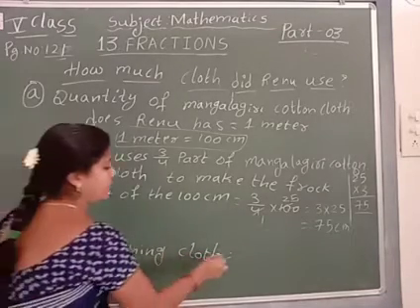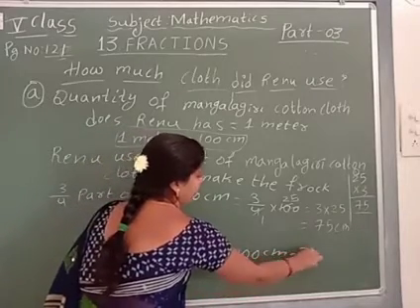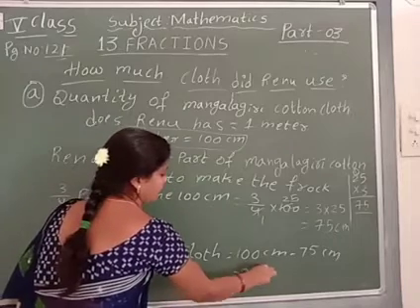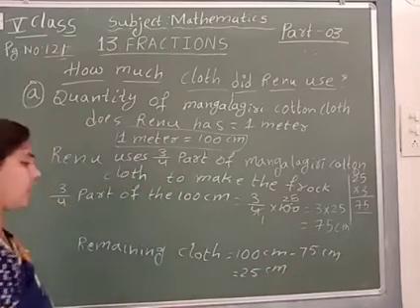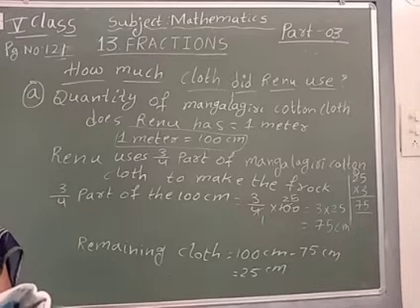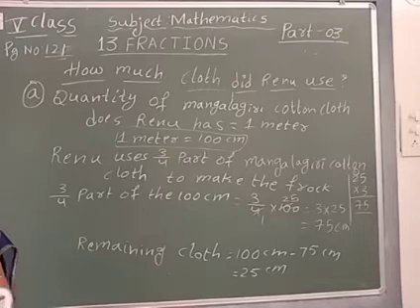So 100 centimeters minus 75 centimeters. 100 minus 75 is 25 centimeters. 25 centimeters is the remaining cloth. So you will write it down, children. Next, B1: how many centimeters of Pochampalli cotton cloth does Renu use? Pochampalli cotton cloth, so half part only.